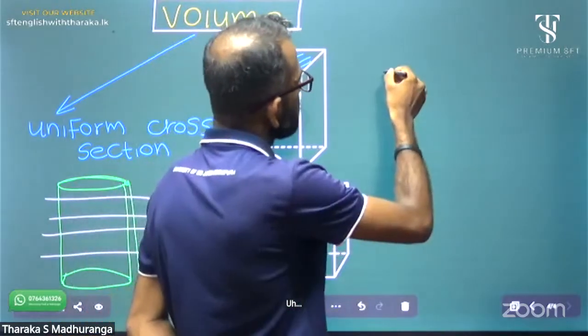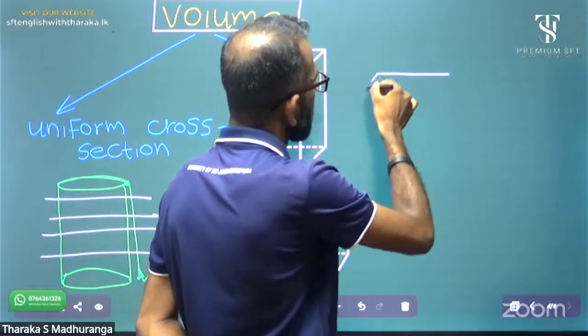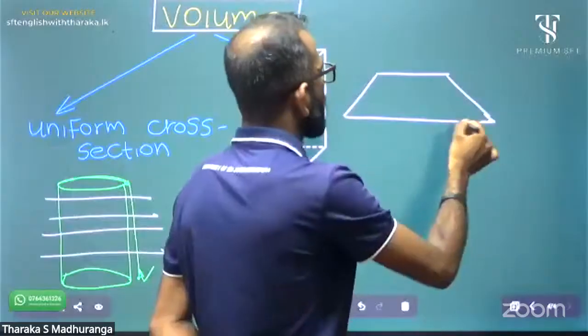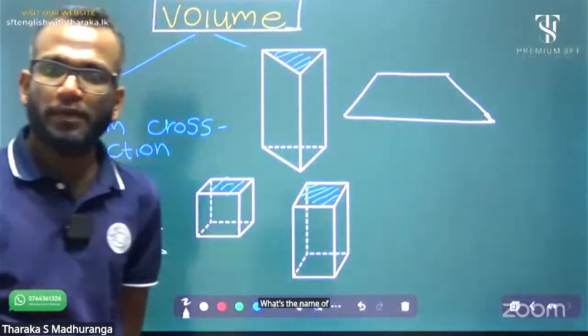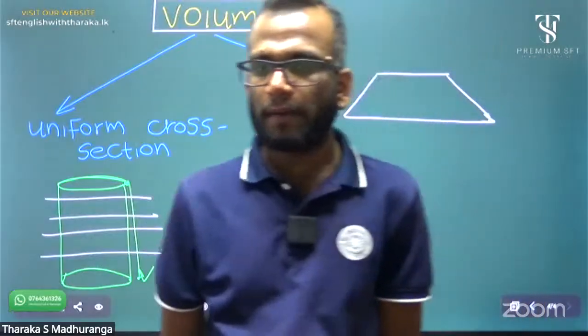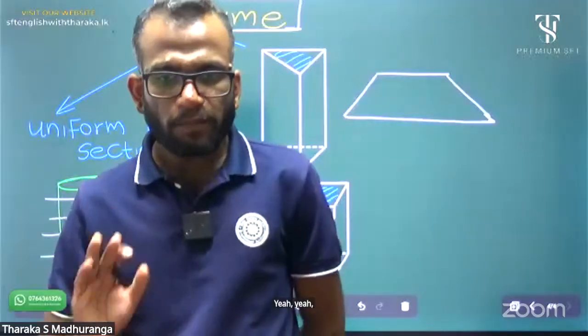What is the shape? What's the name of this shape?